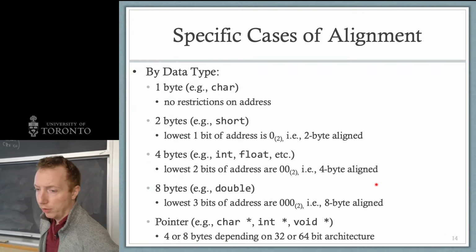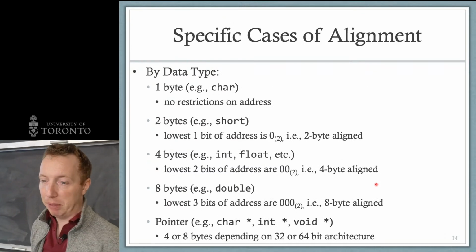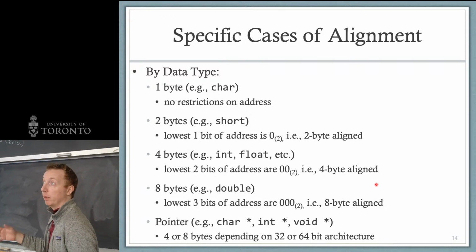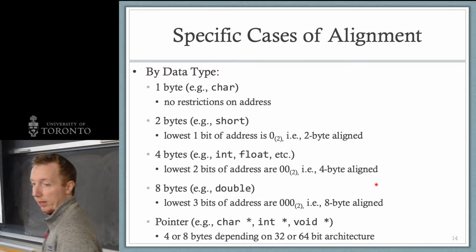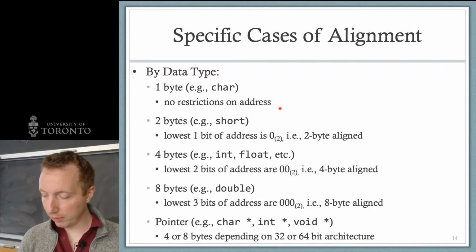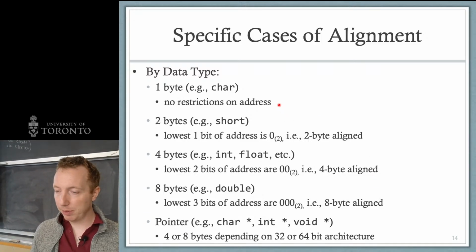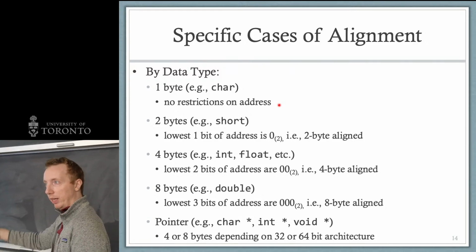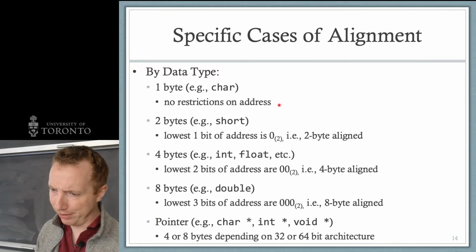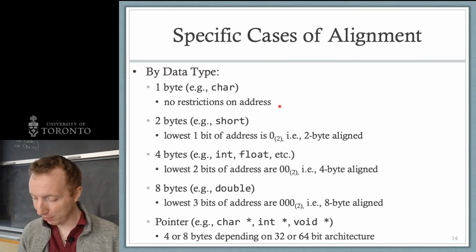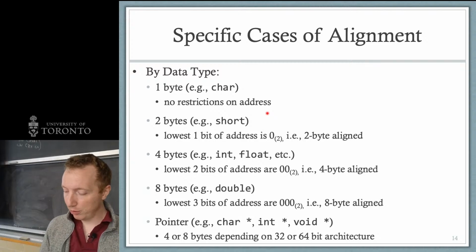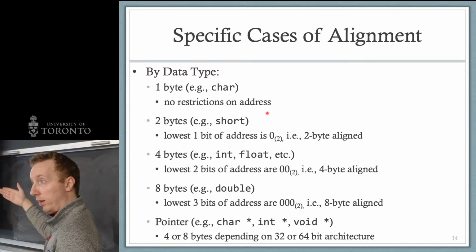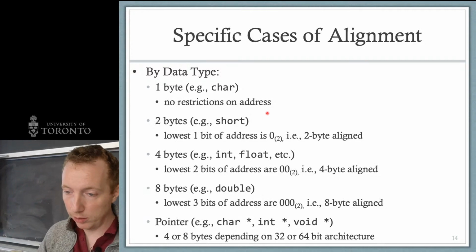All right, so specific cases of alignment. Basically, types have to be aligned on the same byte boundary as the size of the type. So if I just have a char, it doesn't have to be any special alignment. It can go in any single byte. Otherwise, there'd be weird things if you had arrays of chars. If I have a short, which is 2 bytes, it's aligned at the 2-byte boundary, so the least significant bit is always 0.